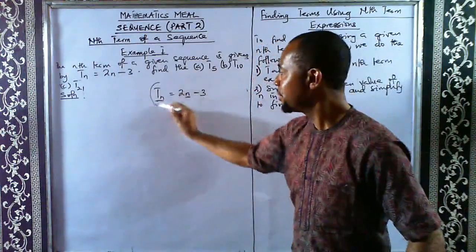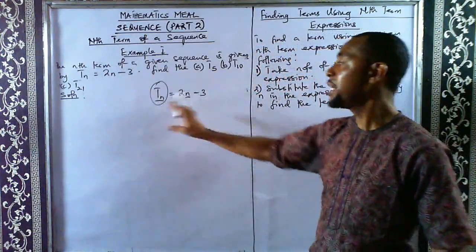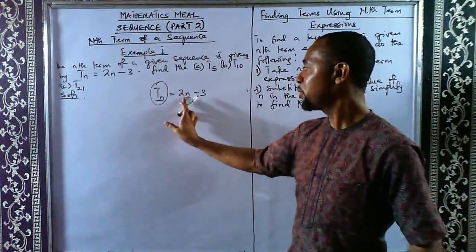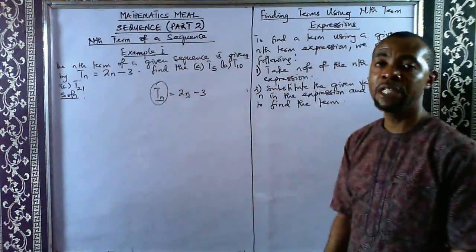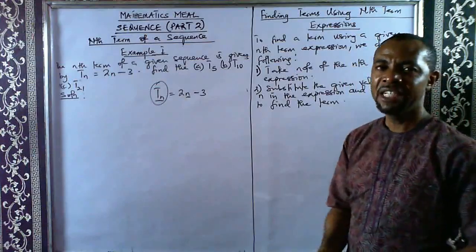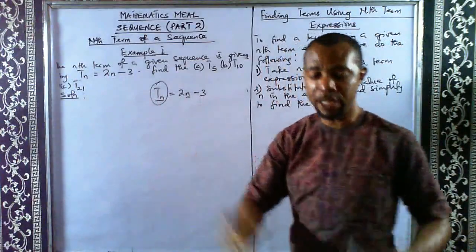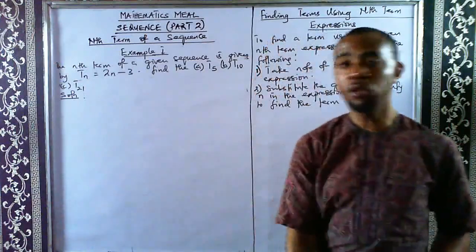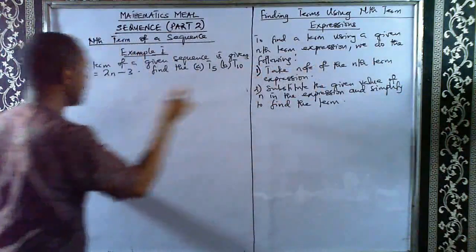So the terms are connected to the number of terms by the n-term expression. So this is the number of terms. So for every number of terms given, I can get a particular term. You see that? So once the n-term expression is known, we can use it to find the term of interest. So let's flow together on this. The steps, we say take note of the n-term expression.